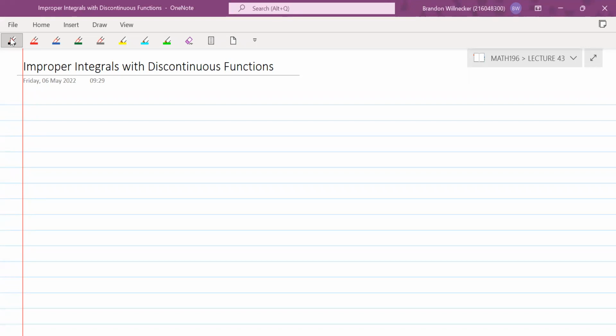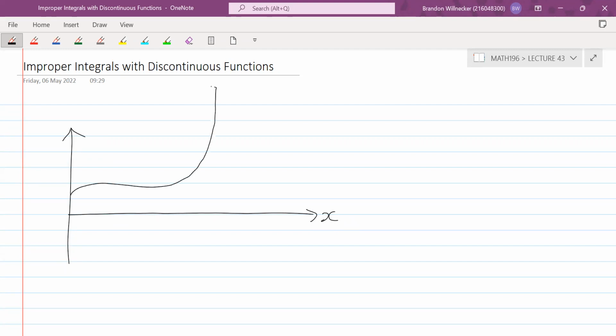So let's say we have a function with an asymptote like this. Okay, so we've got x and y, we've got some function, but it's got a vertical asymptote at b. Okay, and we want to find the integral from a to b. So we want to see what is this area here.